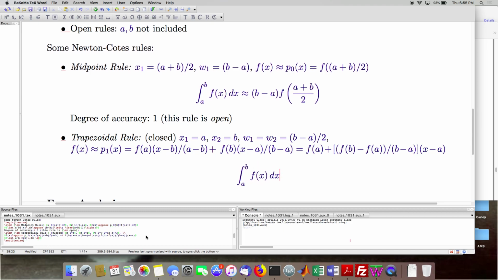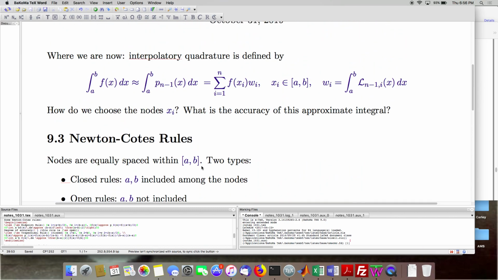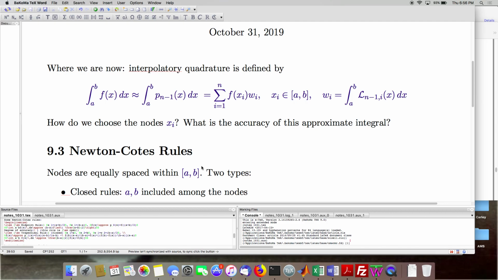Okay, so the approximate integral is equal to (b minus a)/2 times (f(a) plus f(b)). Well, actually, you already know what you're supposed to get. If you were to integrate these Lagrange polynomials on the interval [a, b], the integrals of the Lagrange polynomials are the weights.